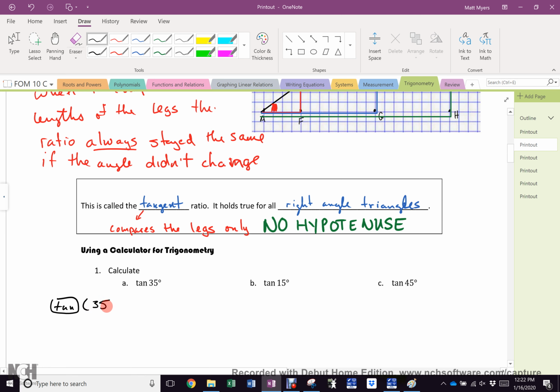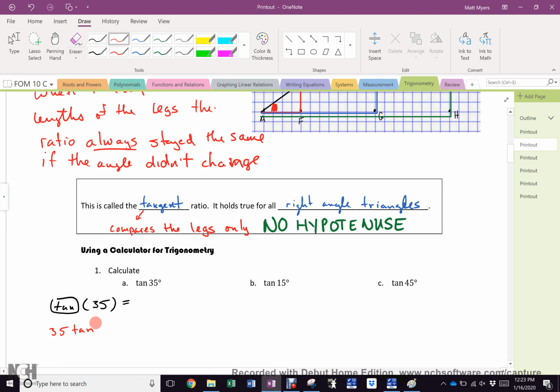And then even though you don't have to, you are going to close your bracket and push equals. Do not say the number you get out loud. Just do this. Everybody good? Now, as I was saying to the other people whose calculators do not write the word tan, you do it backwards. You push 35, no brackets, then the tan button, no equal sign, and you will get a number.